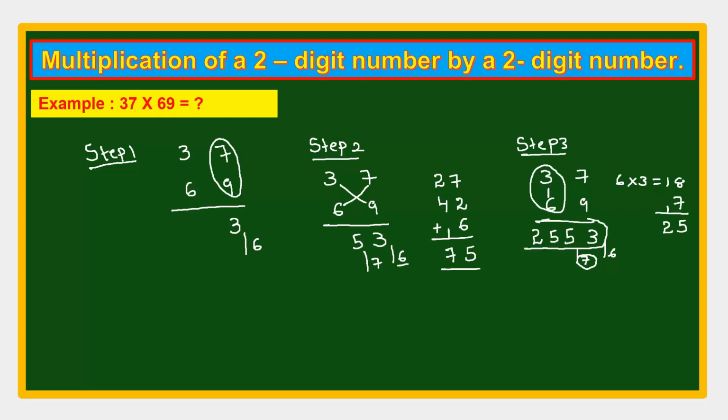So this is the answer. Therefore 37 into 69 is equal to 2553. 2553 is the product.